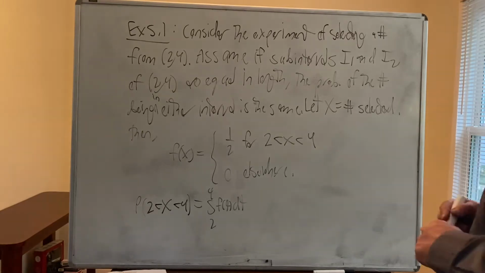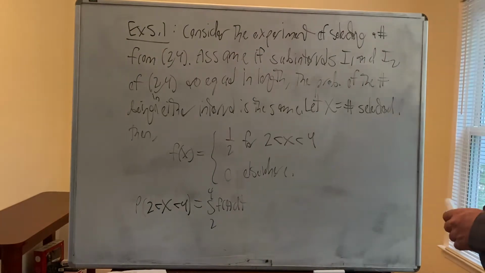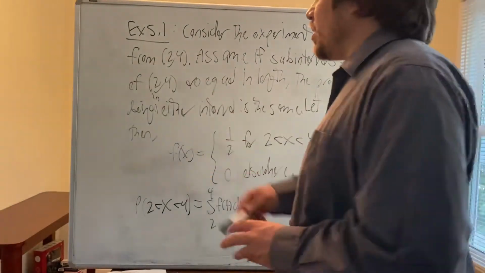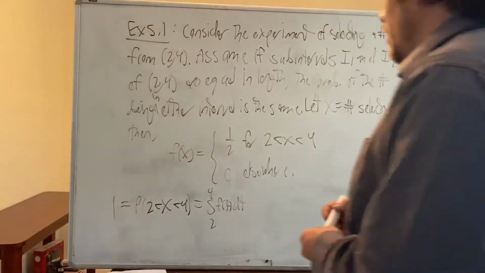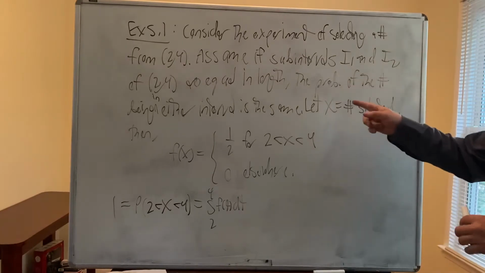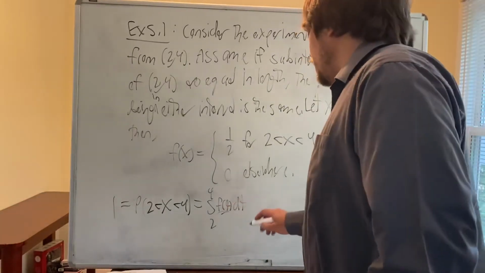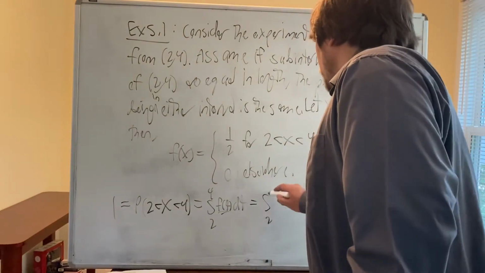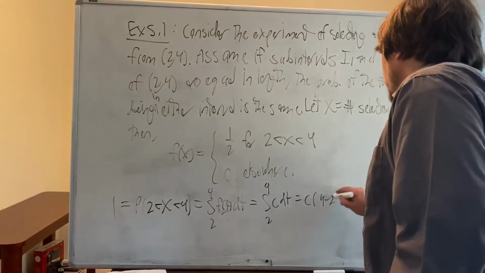Now, you can only select a number from 2 to 4, and so that has to be 1, right? If the subintervals are equal in length, the probability of the number being in either is the same. So that means f of t is going to be constant. So this is the integral from 2 to 4 of a constant dt, and that's a constant times 4 minus 2.